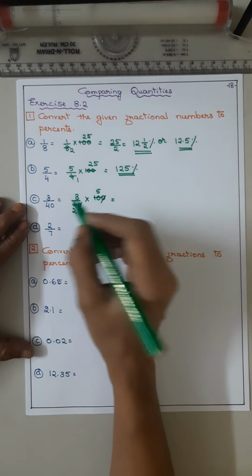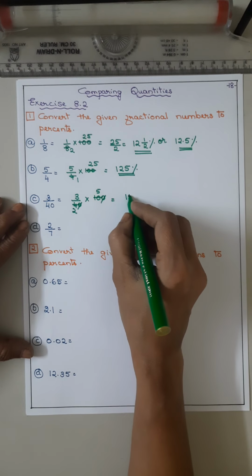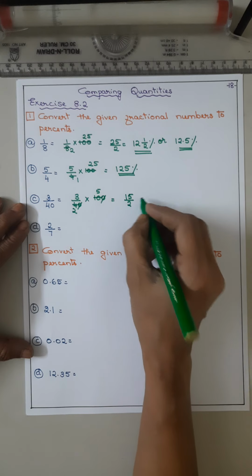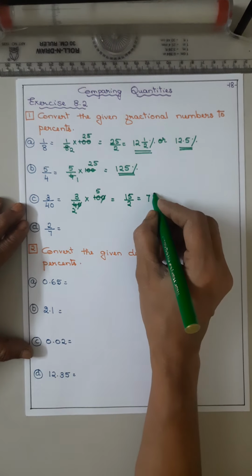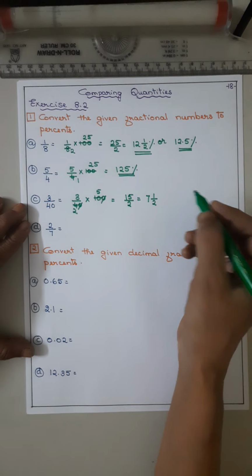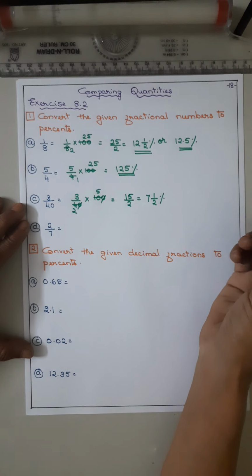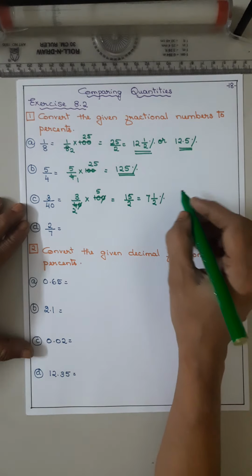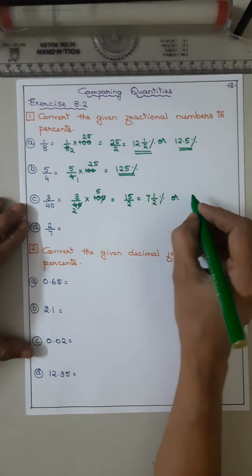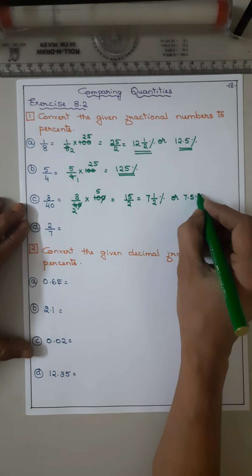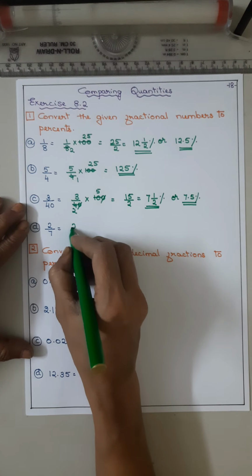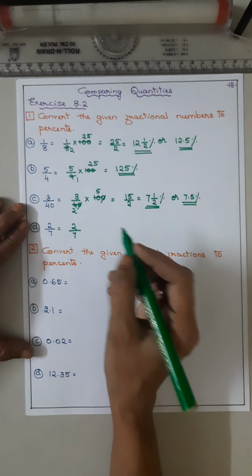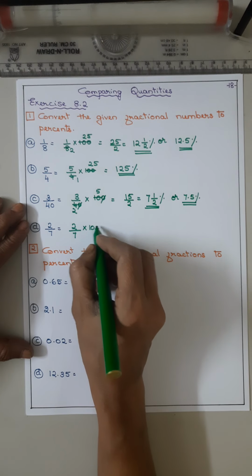So it will be 3 5s are 15/2. 2 how much are 7? 2 7s are 14. 1 remains. So the denominator is 2. 7 1/2% or 7.5%.